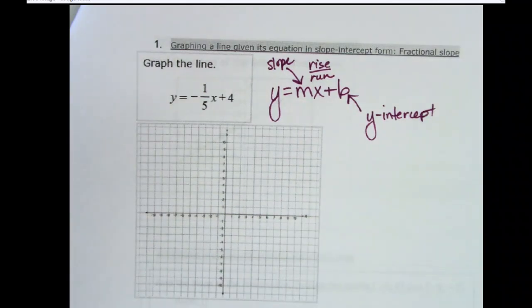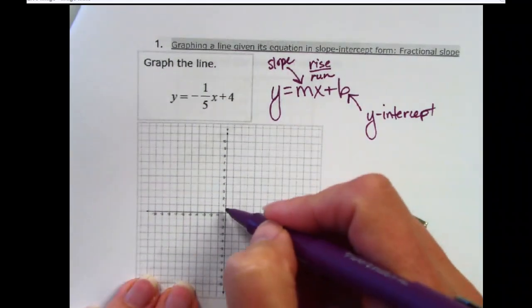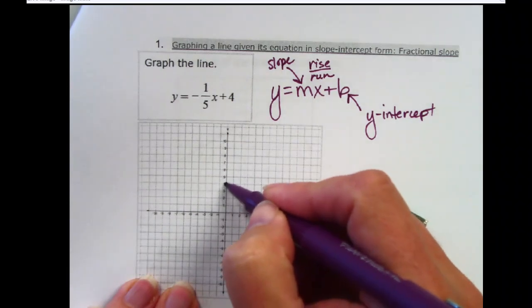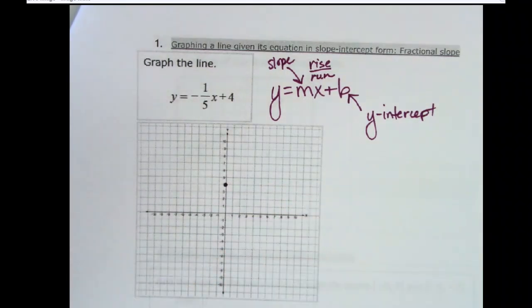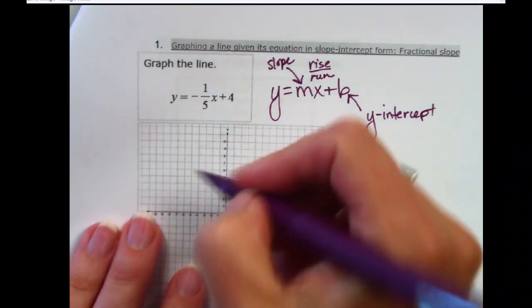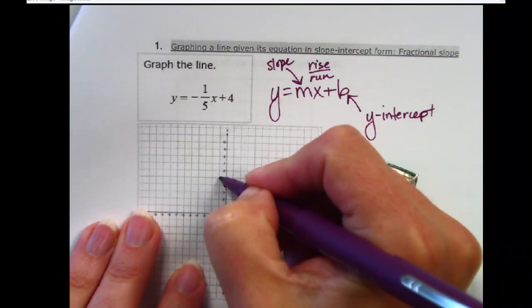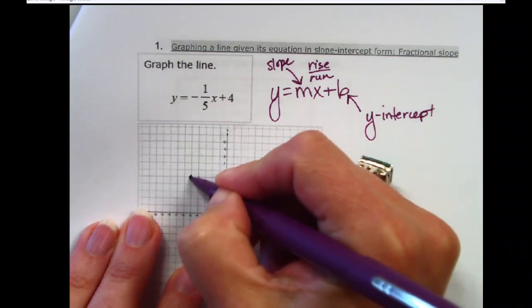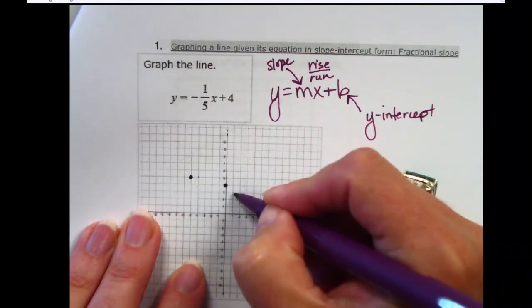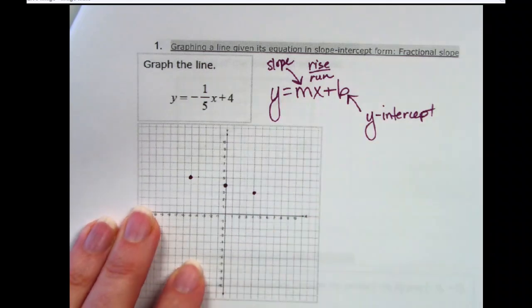So I'm going to start graphing at my y-intercept at 4, 1, 2, 3, 4. Do you guys like to go up and left or down and right? I know, everybody's different, so that's why I asked. So rise over 1, 2, 3. There's that one if you're up and left. There's that one if you're down and right.